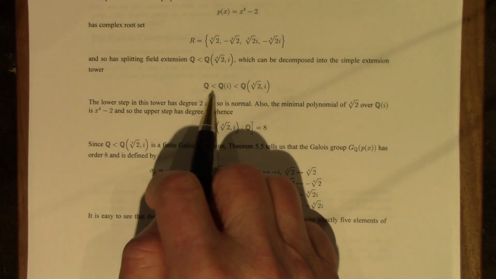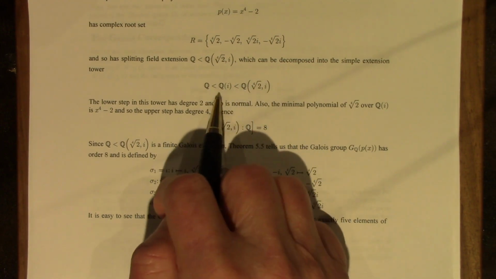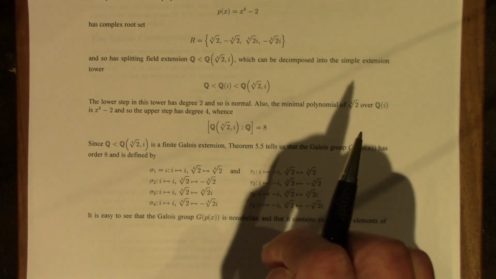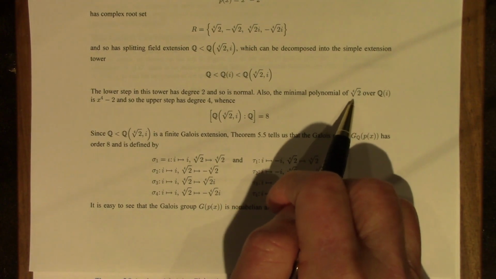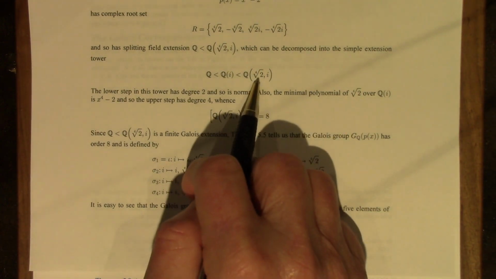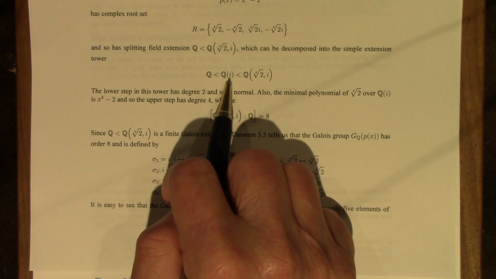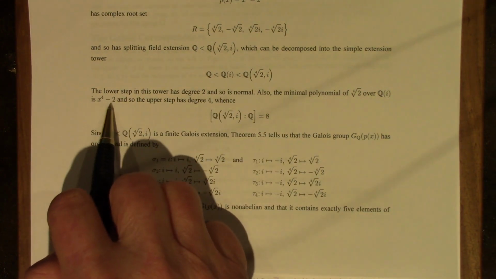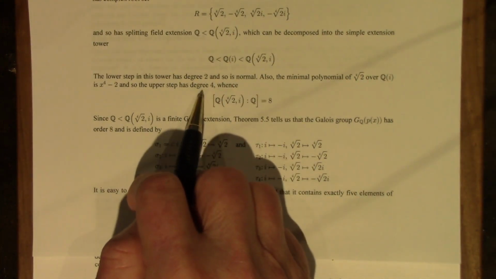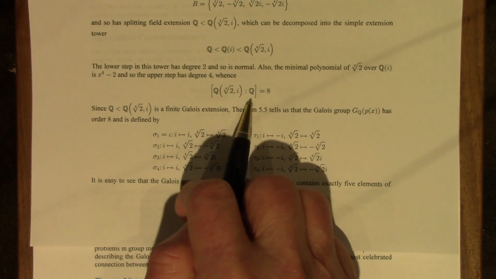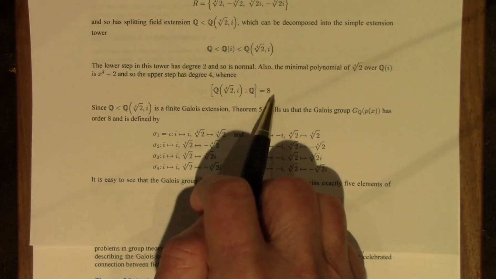The lower step has degree 2, it's normal. The minimal polynomial of the 4th root of 2 over Q with i adjoined is x to the 4th minus 2. So the upper step has degree 4. So the degree of the splitting field extension is 8.